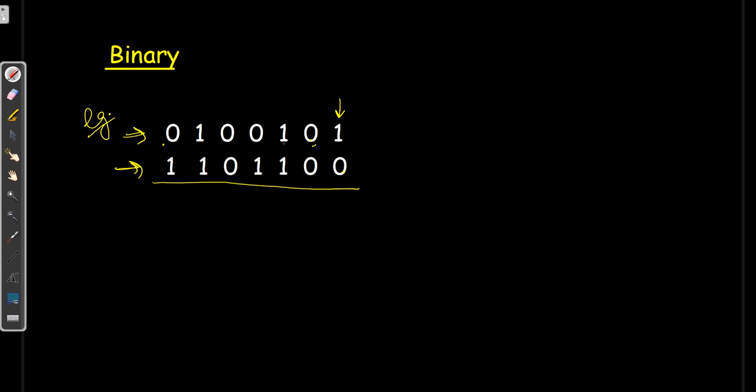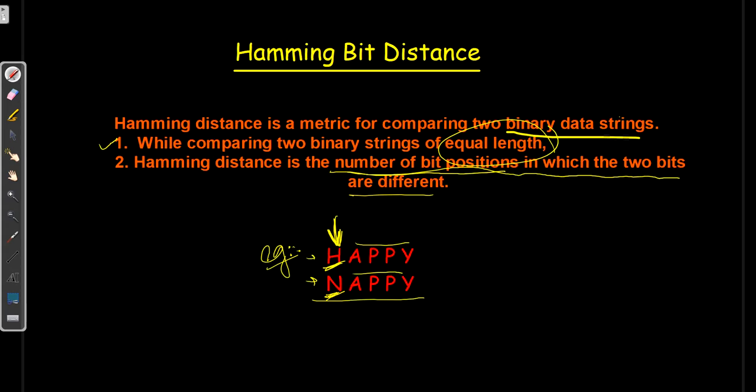Then next 1, 1 are the same. 0, 1 are different, 0, 0 are the same, 1, 1 the same, and 0, 1 are different. So we have 3 bits difference, 1, 2, 3. So 3 is the Hamming distance for these two strings, whereas the Hamming distance for the earlier one is 1, right?